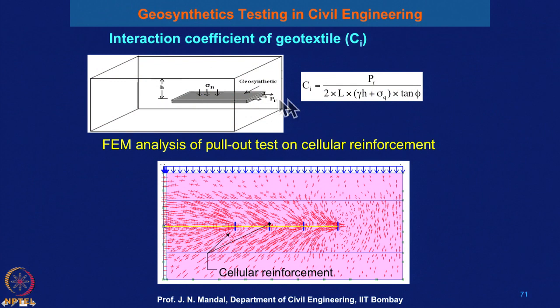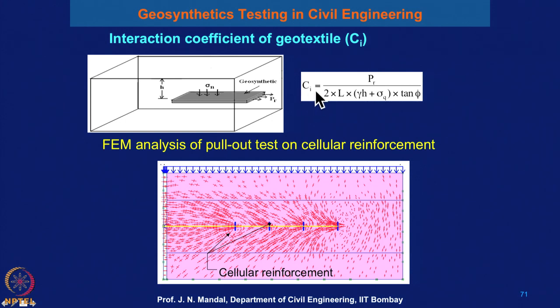I am showing you: this is the pull-out, this is P_R, this is the geosynthetic material, and this is the normal stress sigma n, and this geosynthetic material is located at a depth of h here, and this is P_R. So, from this you can calculate the interaction coefficient of the geosynthetic material, that is C_i.